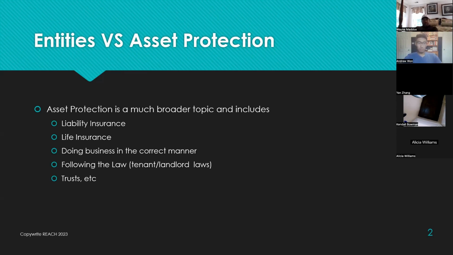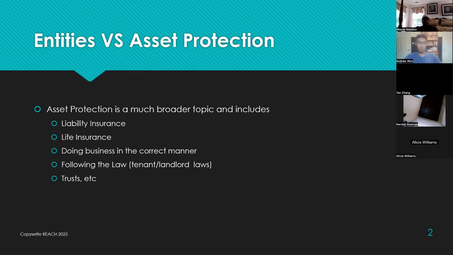Other part of asset protection is life insurance, because if anything happens to you, you don't want your family and friends to not have anything because you didn't have any insurance. Another big part of asset protection is doing business in the correct manner.